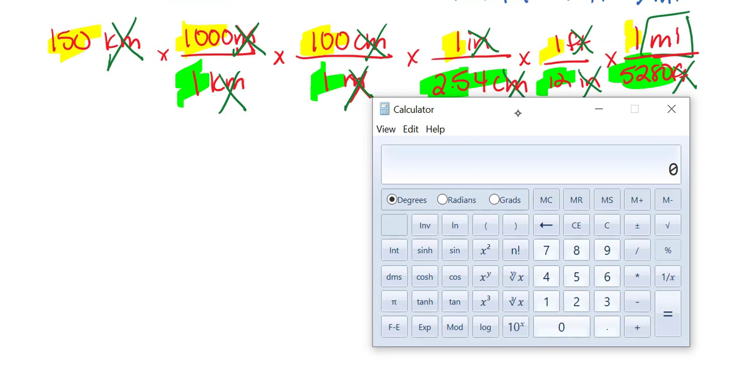Okay, so we can go 150 times 1,000 times 100 times 1 times 1 times 1, so that's just itself. And what do we get? Well, we got a really large number. So how many zeros are there? So 4, 5, 6.